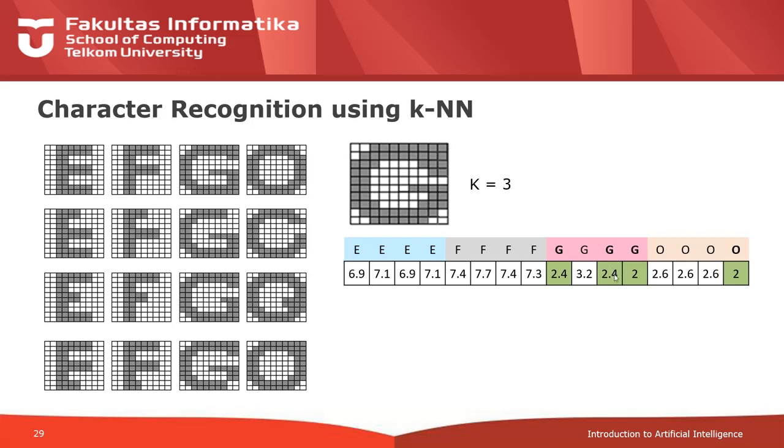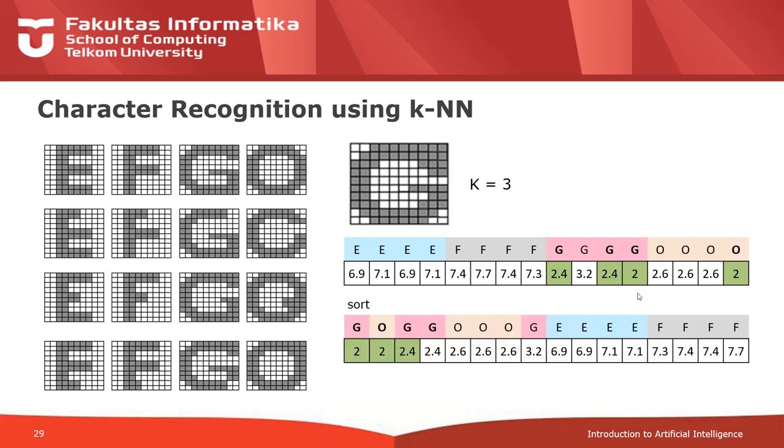So which one do we pick for this? If the K is 3, then we pick G, because G has 2 votes while O has only 1 vote.